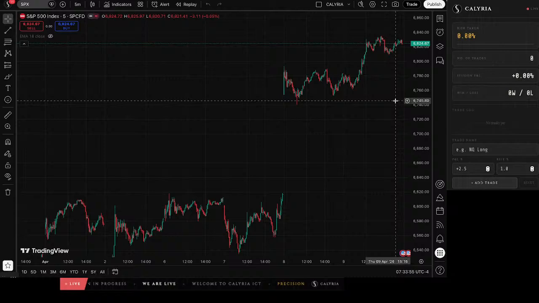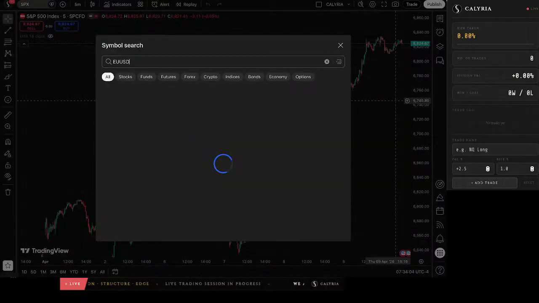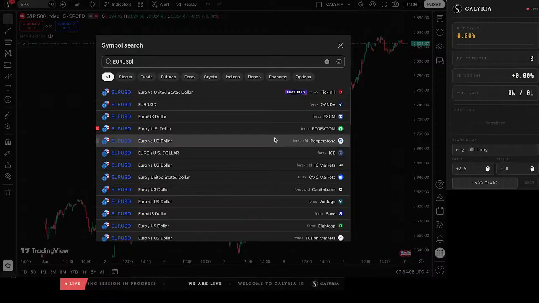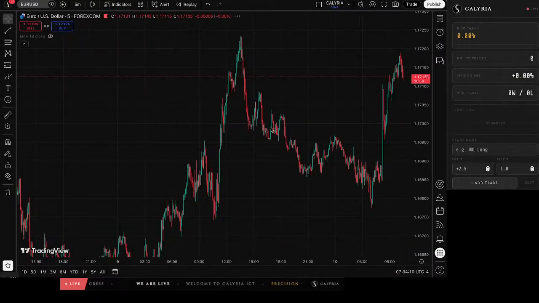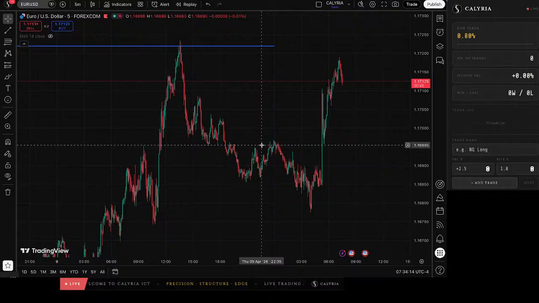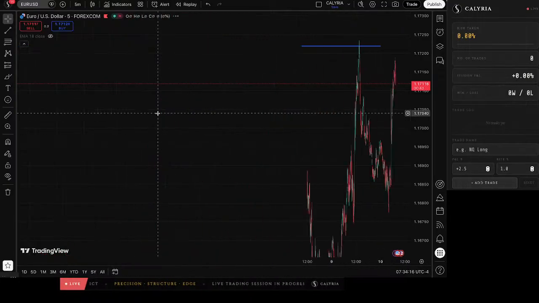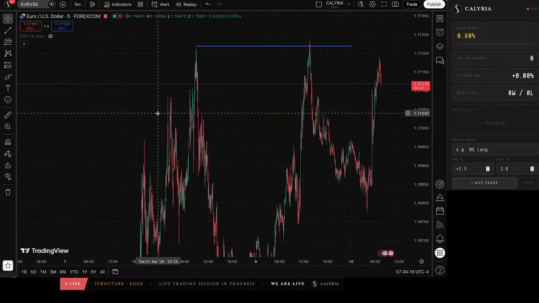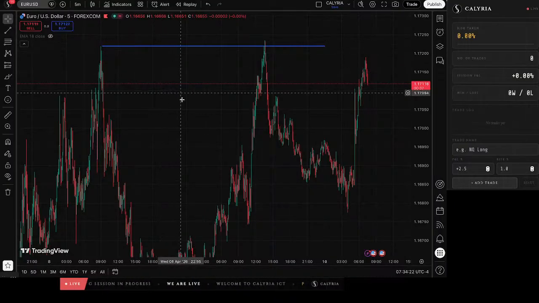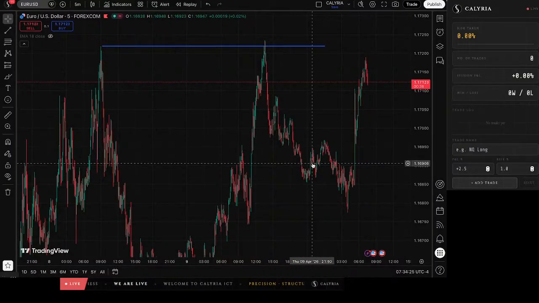So before I say anything, I will quickly go to analyzing the charts, starting with the EURUSD here. As you can see, last day we marked this location and it dropped from here.